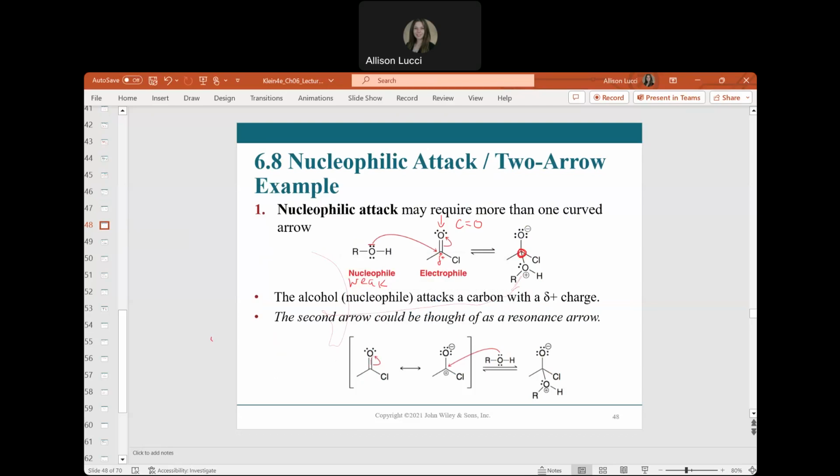This arrow that's shown down here. That's why they're showing you this resonance that's occurring and creating this partial positive site, and then the formal charge is here on the carbon, the carbocation, and the formal negative charge on the oxygen. So this is our result over here. This is what happens when this nucleophilic attack occurs.